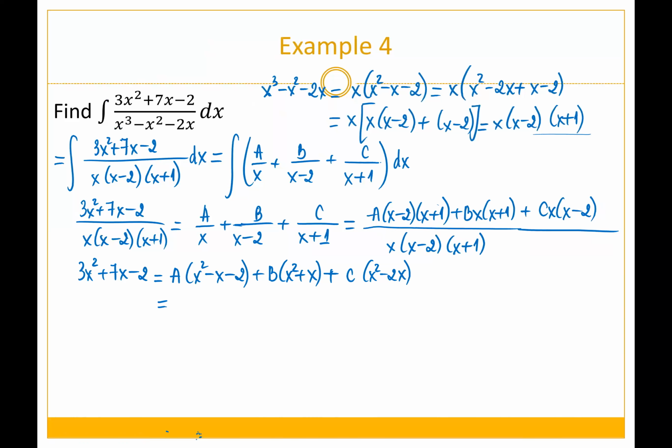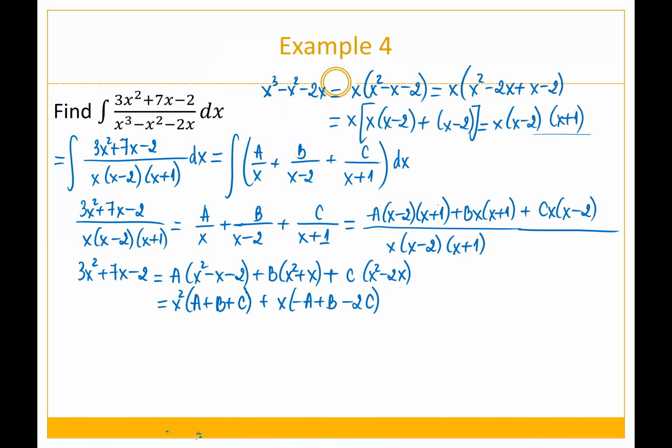So here we have x squared, x, and then x to the 0, which is just a constant. To find A, B, and C, we put everything related to x squared together, everything related to x together, and everything constant together. So you're going to have x squared multiplied by A plus B plus C. Then x is going to be negative A plus B minus 2C.